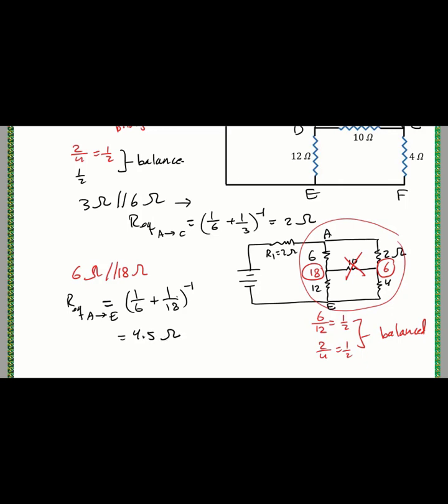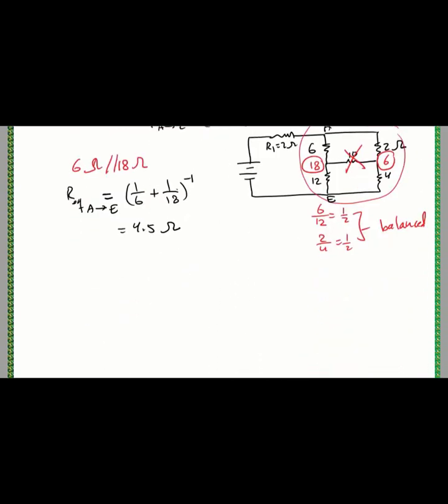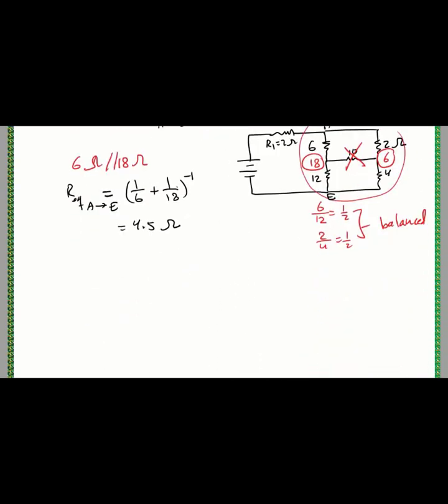Now what is the resistance up? It is 2. Now you can remove all the circuits between A and E and put only 4.5 in series with R1 all the way to the battery. So R equivalent for the whole circuit is R1 plus 4.5.